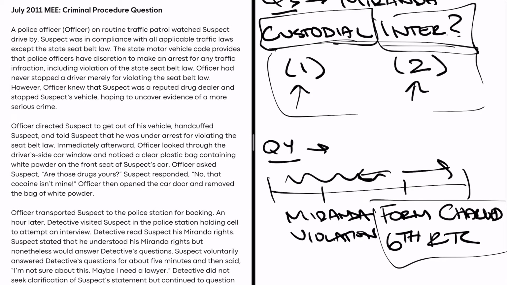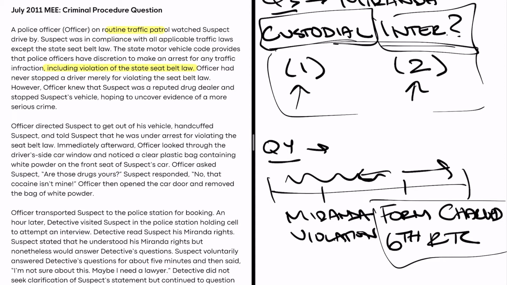Paragraph number 1 tells us that a police officer on routine traffic patrol watched suspect drive by. Suspect was in compliance with all applicable traffic laws except the state seatbelt law. The state motor vehicle code provides that police officers have discretion to make an arrest for any traffic infraction, including violation of the state seatbelt law.